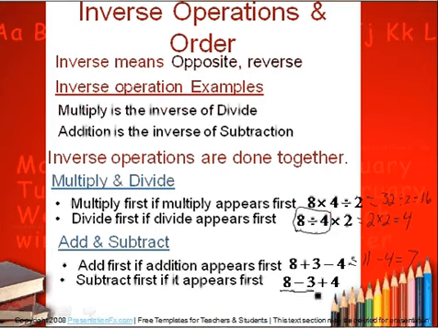So first we would have to do the 8 minus 3 because it came first from left to right. So the high educational consultant lady, she said, you know, for looking too rough, from left to right. 8 minus 3 is 5. 5 plus 4 equals 9.